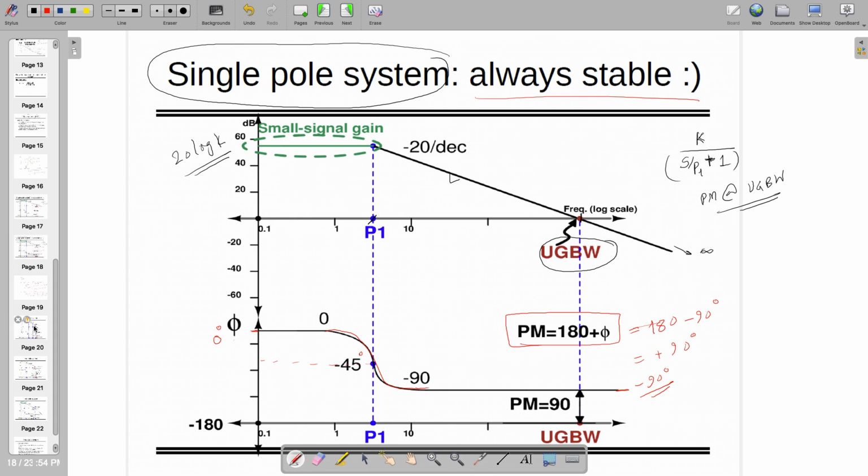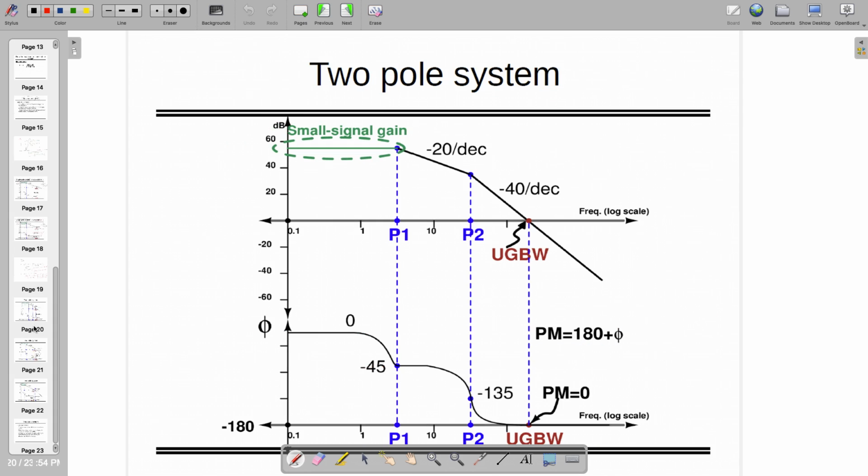But what if there are two poles? One more pole is inside this one. So at pole P1, you can see that you are going to have minus 45 degree of contribution of phase, and exactly at P2 there is minus 135 degree of contribution, because for pole P1 at omega equal to 0, the contribution is 0 degree.